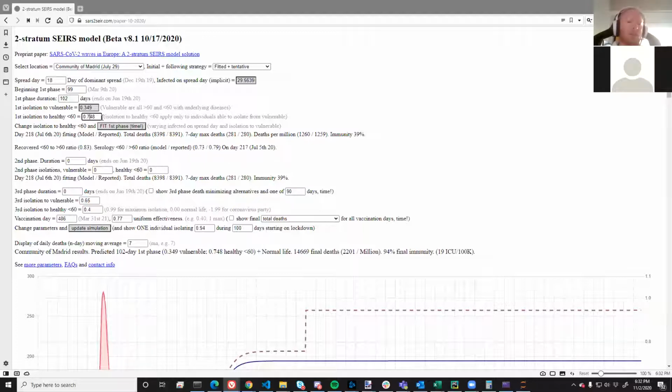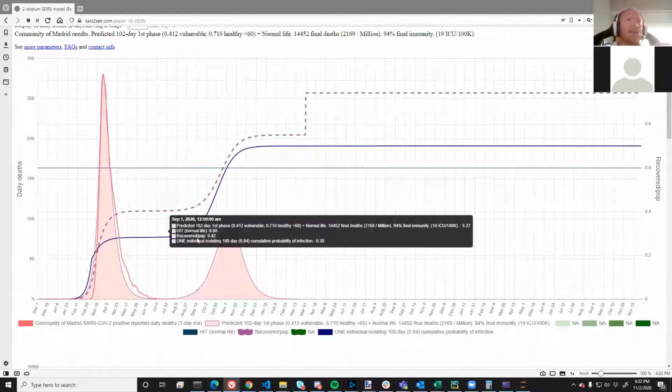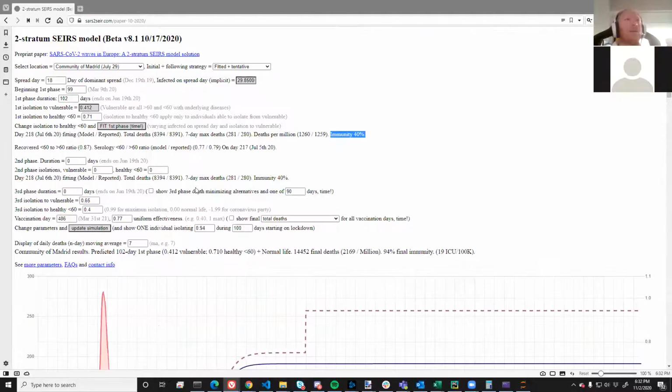So we are going to change this parameter here, which is the isolation to the healthy, and hit refit again. And you will see that now it has changed to 0.77, and the immunity has also changed to 40%. You can see it has barely changed anything, but no problem.